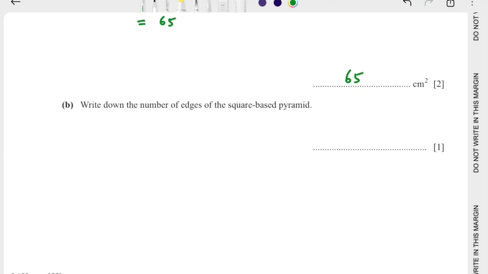Now B part. Write down the number of edges of a square base pyramid. So let us draw a pyramid here.